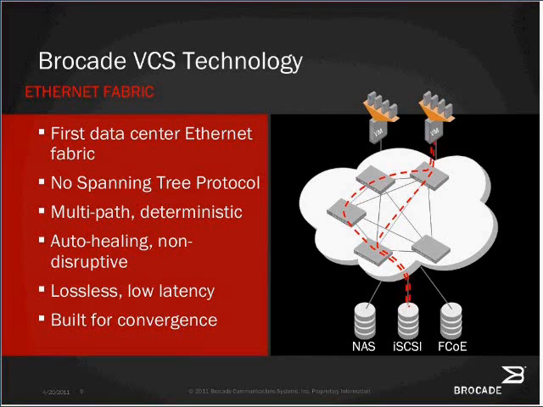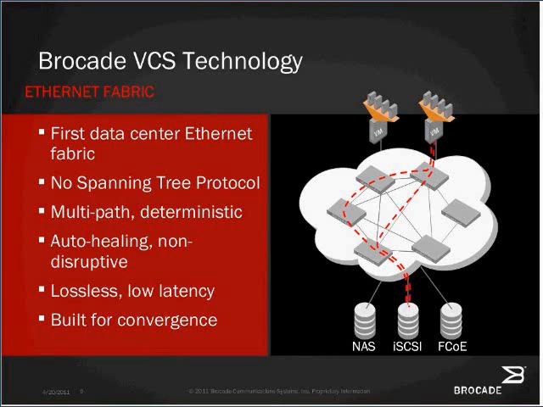So to this end, the fabric becomes auto-healing and non-disruptive to the traffic flows that you have going across the fabric itself. And then the other nice thing is when the switch comes back online, it automatically joins the fabric and all the communication is still flowing as it was before.